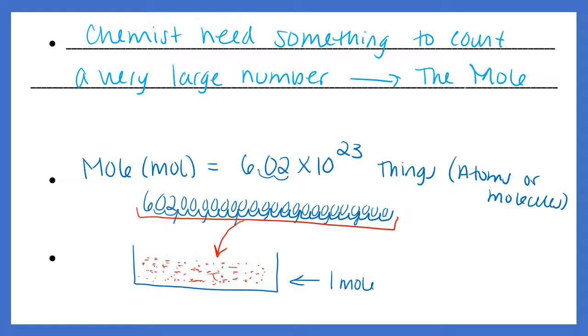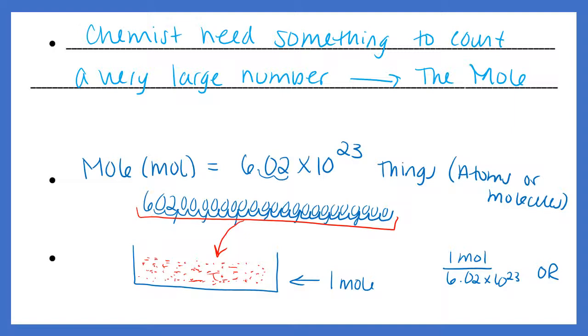So that's a mole. So in one mole, there are 6.02 times 10 to the 23rd.